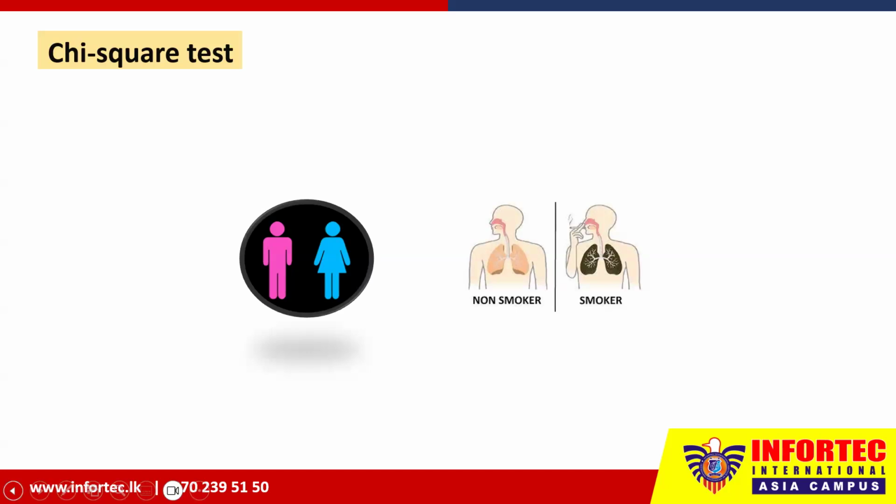As an example, when you are considering gender, you can identify two categories. What are those? Related to gender, what are the two categories we can identify? Male and female.